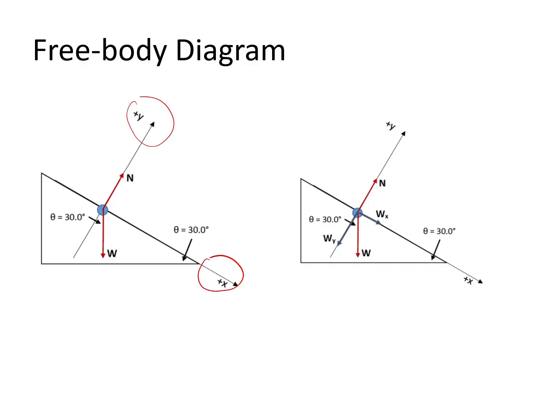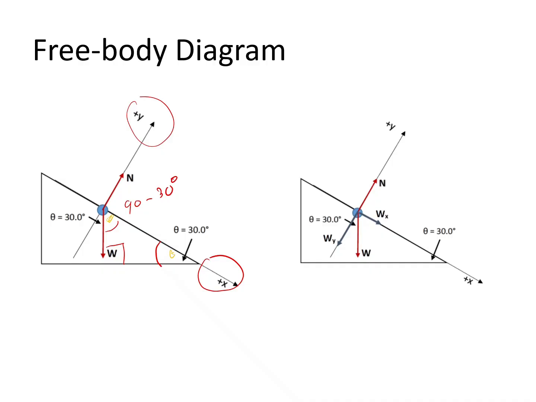Now, if you look at this angle right here, this is 30 degrees. So that means the other angle here is 90 minus 30 degrees, because the total internal angle of a triangle is 180 degrees and this angle is already 90. So these two angles have to add up to 90 degrees in total.